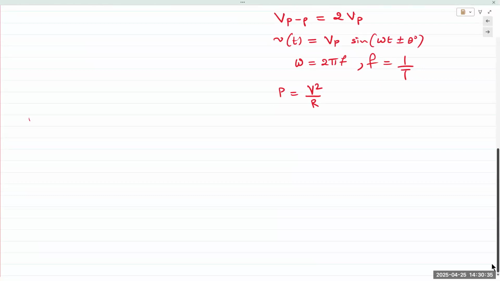Obviously, we can't use an average value. So they decided instead of taking the average, what we'll do is we'll take the waveform and we'll square it, mathematically square the waveform, and then take the average. Okay, taking the average simply means integrating over a certain time period, in this case just one time period of the waveform, and then averaging out with the number of slices, which is 1 over T. So V of t squared, and then the average.